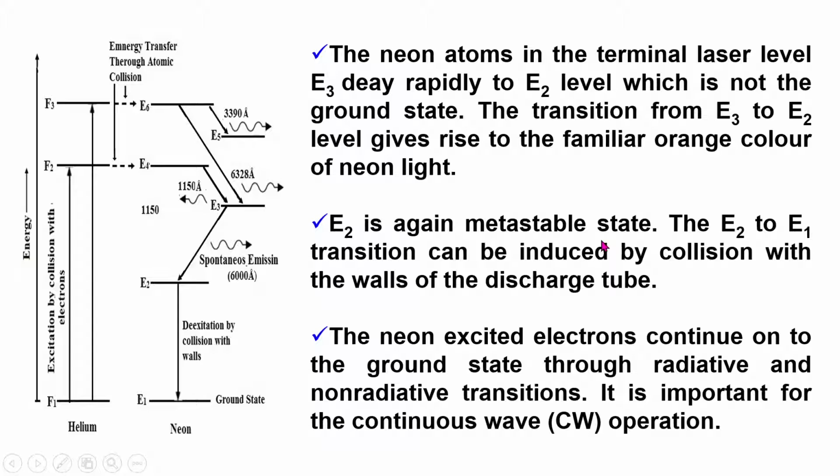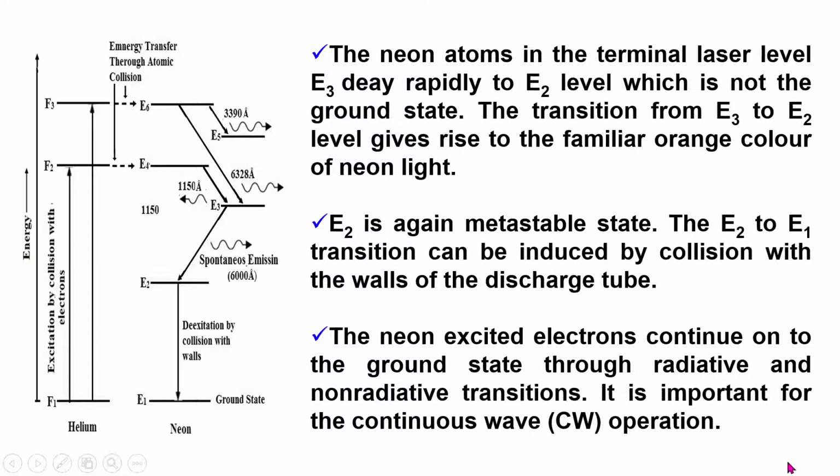Now what will happen here? When the neon atoms go from the metastable state E2 to E1, during this transition these atoms collide with the walls of the discharge tube, and the neon excited electrons continue on to the ground state through radiative and non-radiative transitions.